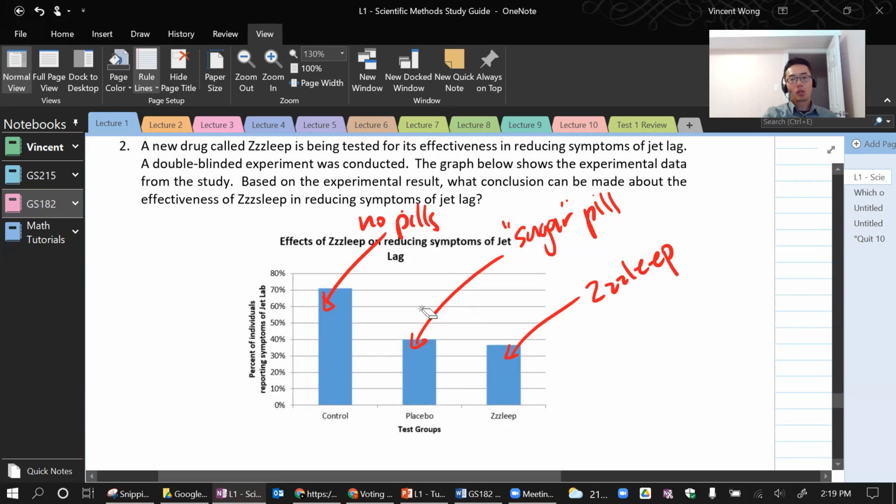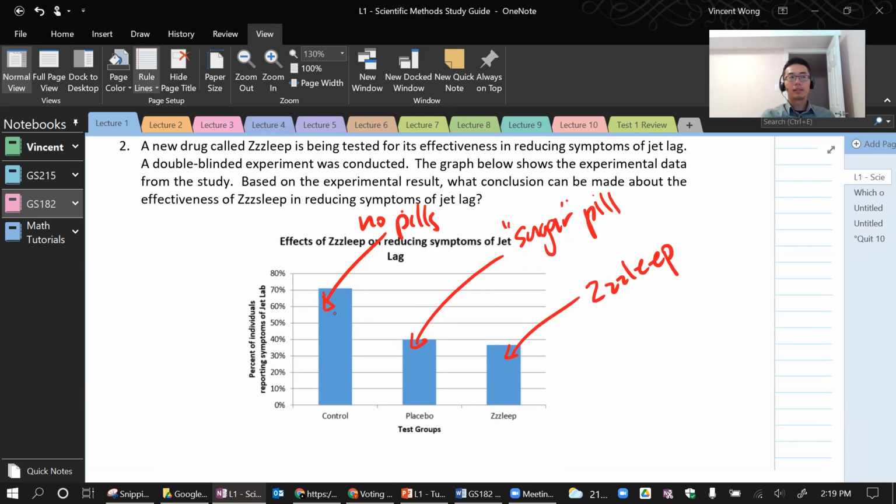And then ignore the middle for a second and look at the pills. You give them the new pills and you see that only 40% has jet lag symptoms, right? So you see a reduction compared to the control. So if you only have the control and the experimental group, you might think that the drug is working.